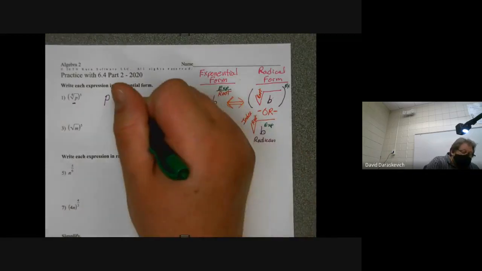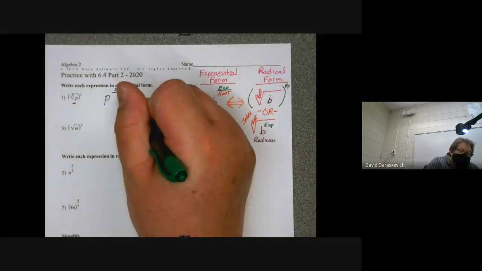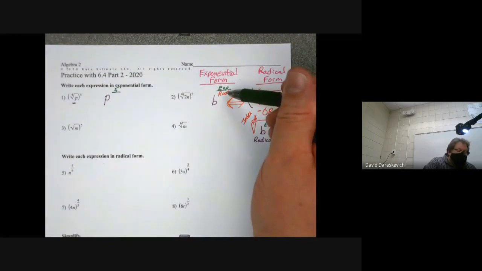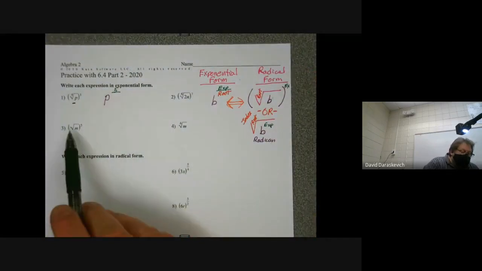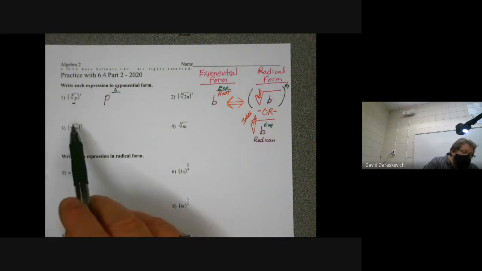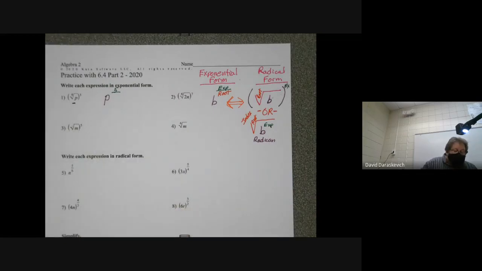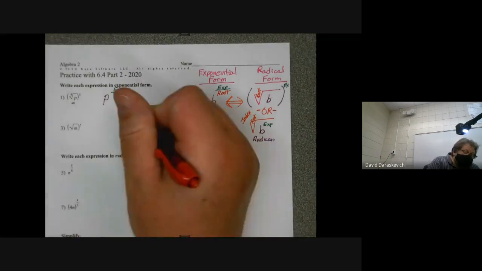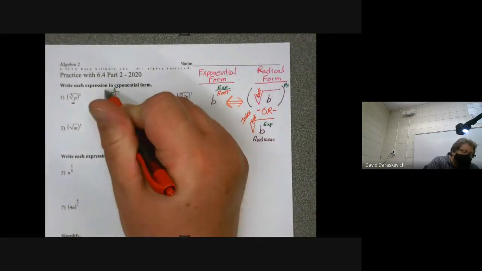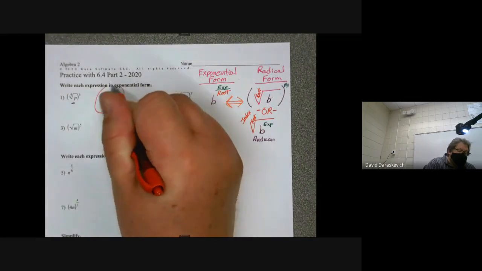So my exponent is 5 divided by the root. By the way, if there's no root there, if there's no index, see, I already started. If there's no root, it's 2. Okay. But here, my root is 4. So there's my answer in exponential form.